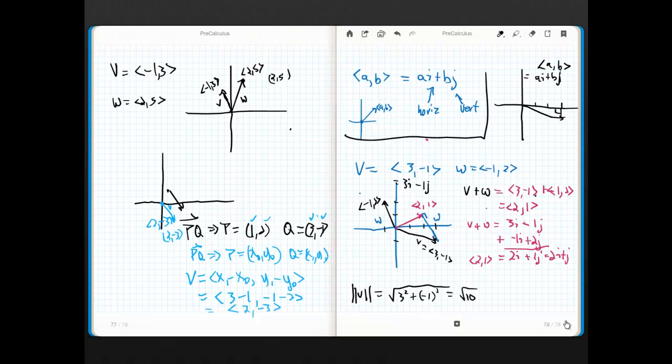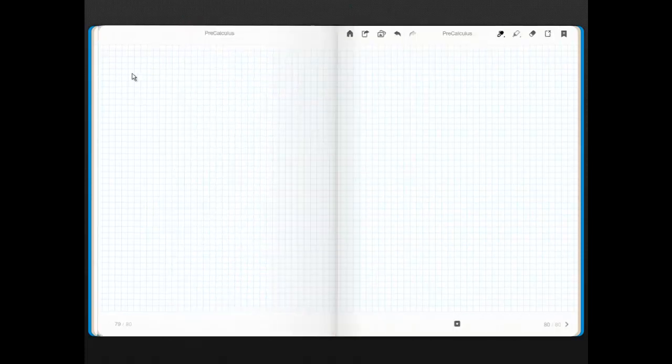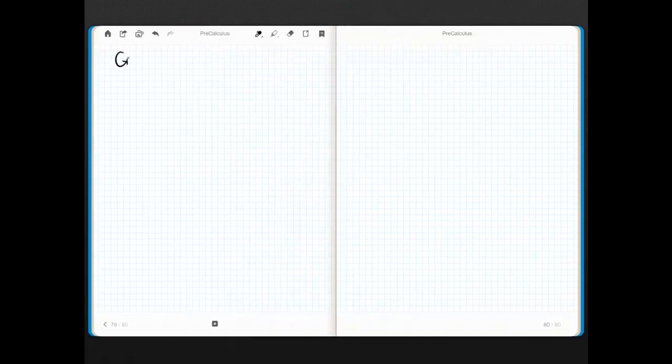Thank you for playing. In general, if I'm given V equals A1, B1, which could be written as A1i plus B1j, and let's say that W was equal to A2, B2, and this would just be A2i plus B2j.